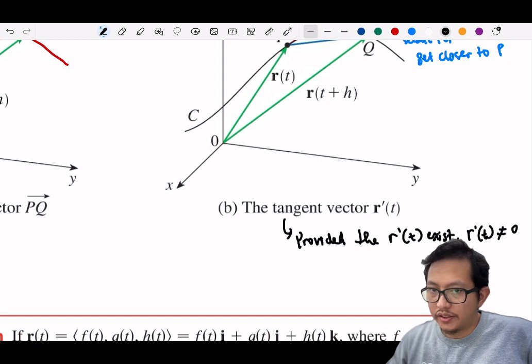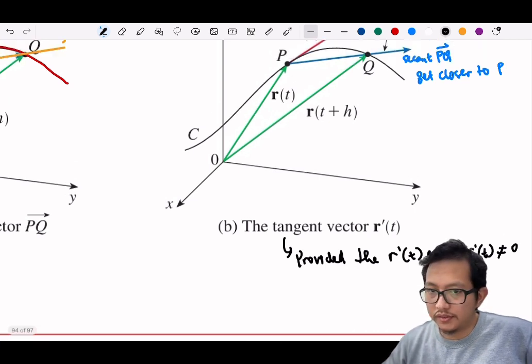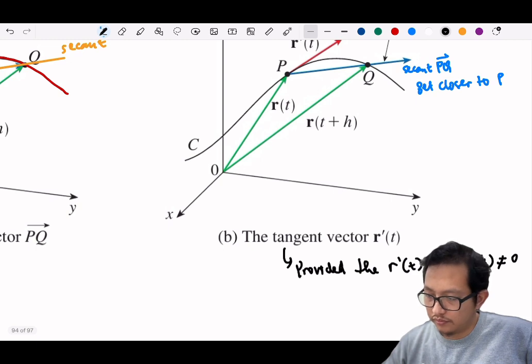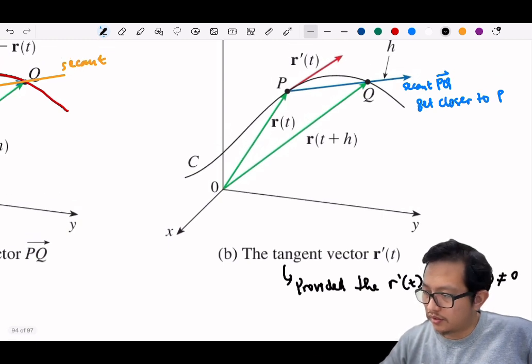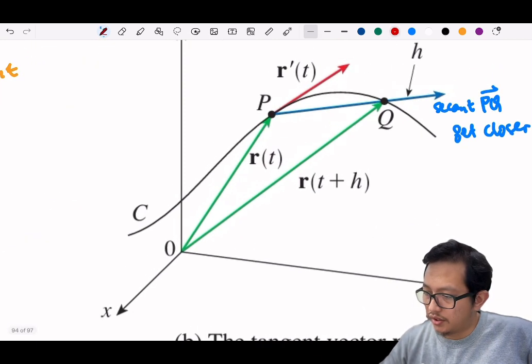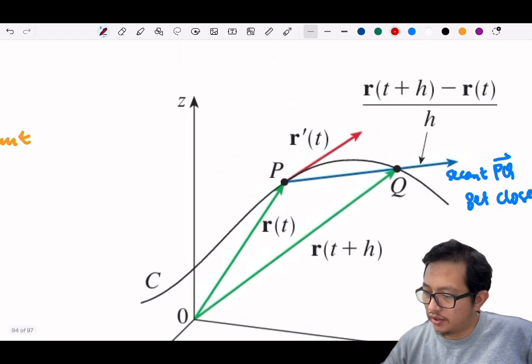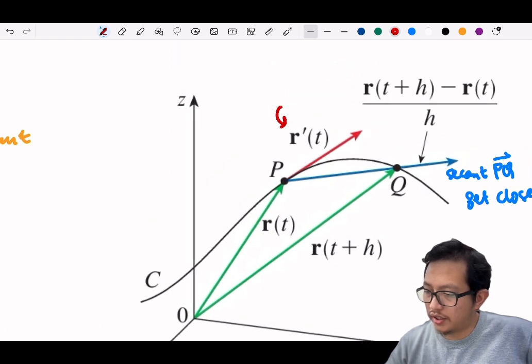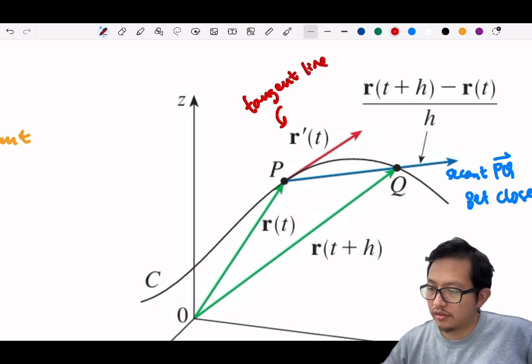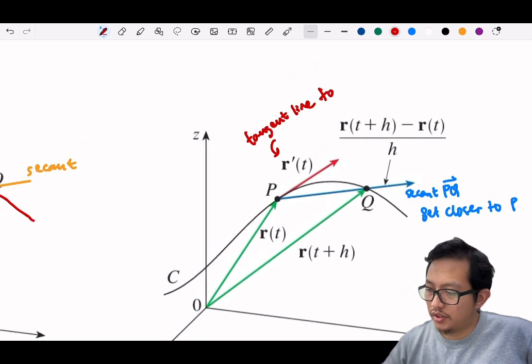Then the tangent line to C at P is the line through P in the direction of r prime of t.